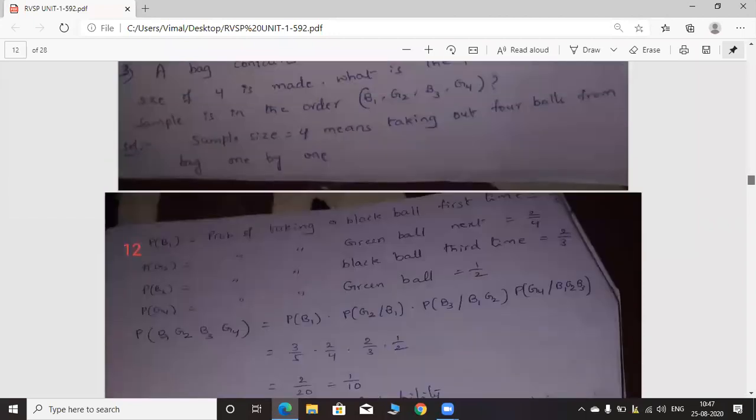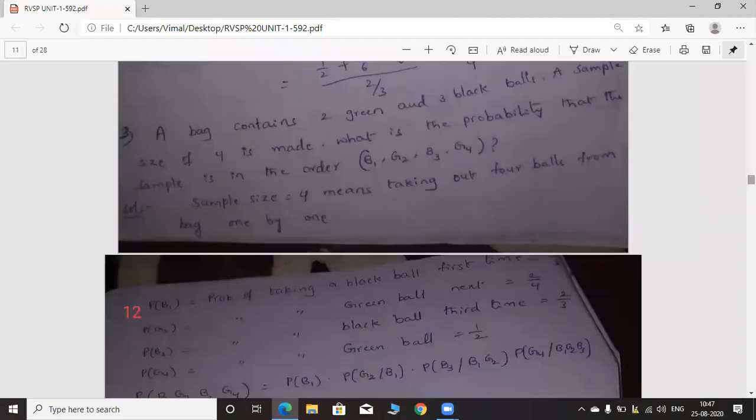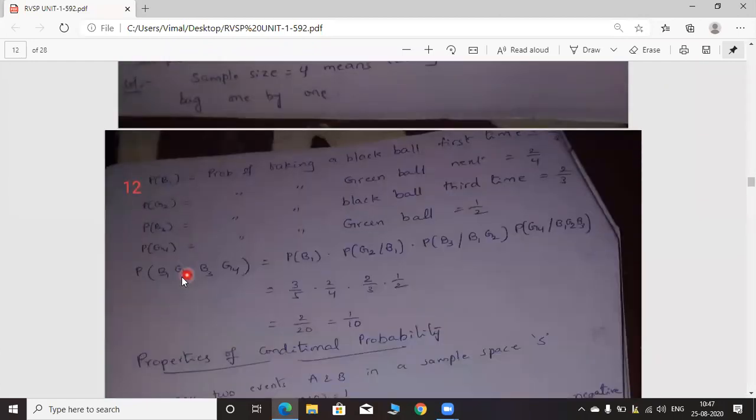Next, you have to find this one. What is the probability of B1, G2, B3, G4? So what is the probability for picking the balls in this order? The probabilities are already calculated above.